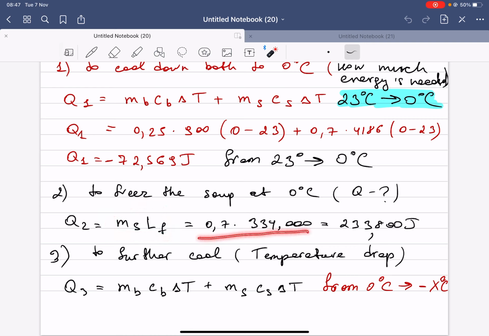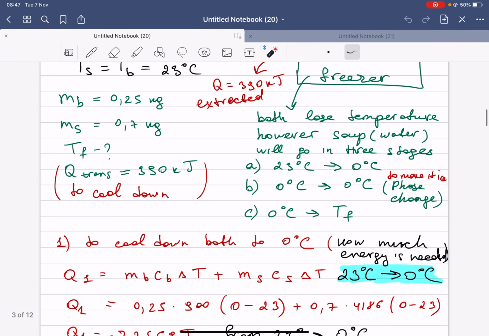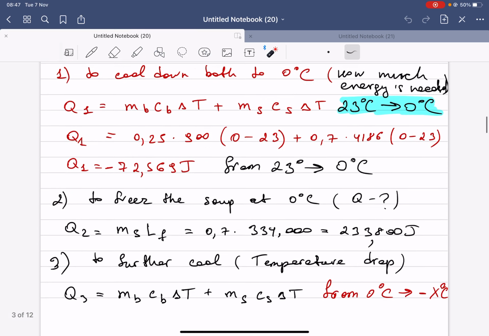You calculate it, and that is the amount of heat released or extracted for the phase change. So far we have this positive value and that positive value. If you add both of them, it's still less than the given amount of heat.